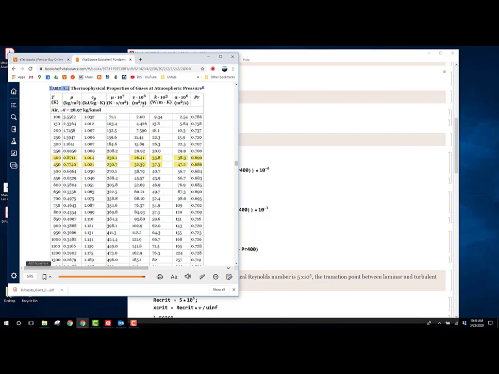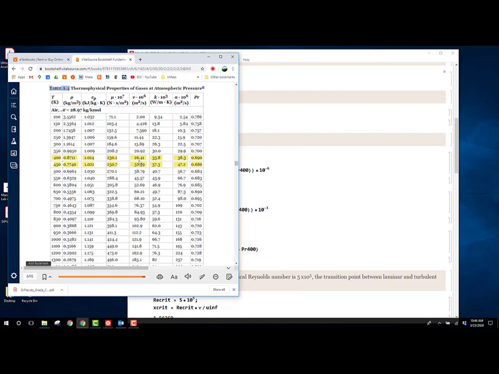Once more, I want to point out these exponents here. What this is basically saying is that this table is giving the kinematic viscosity as being 26.41, and what they're saying is that's 26.41 after it has been multiplied by a factor of 10 to the 6.